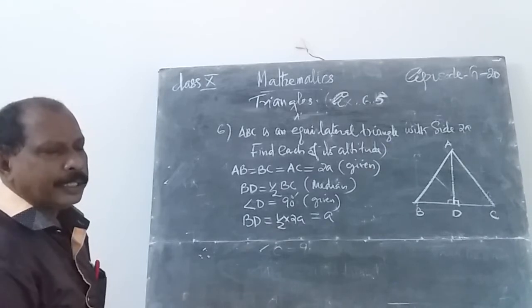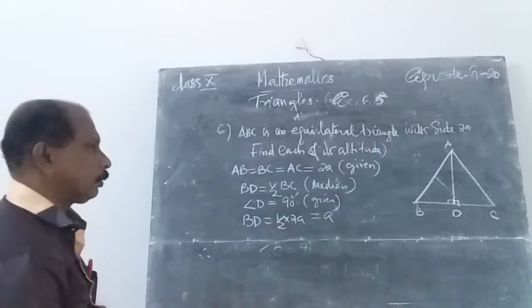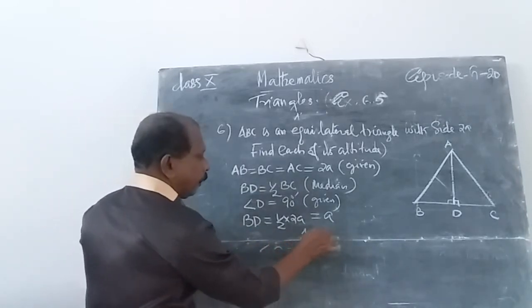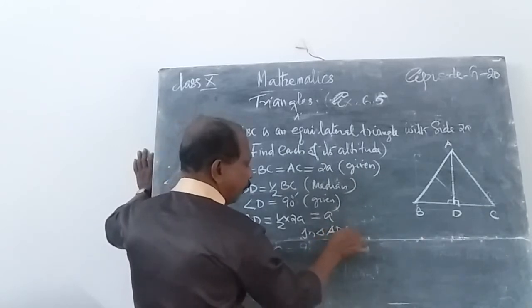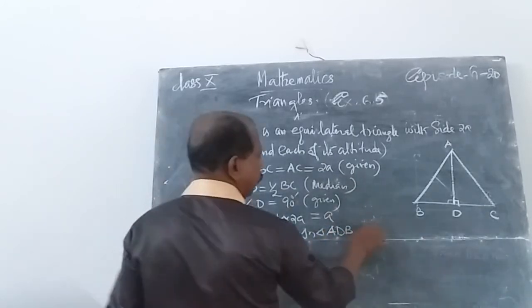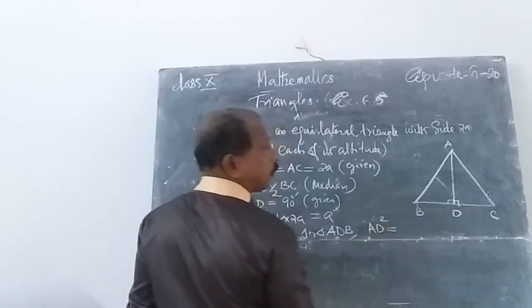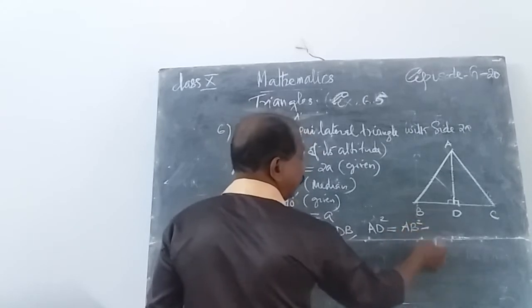Then what is the Pythagoras theorem? Base square plus altitude square is equal to hypotenuse square. In triangle ADB, AD square, that is altitude square, is equal to hypotenuse square minus base square.